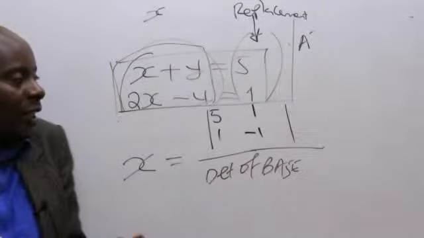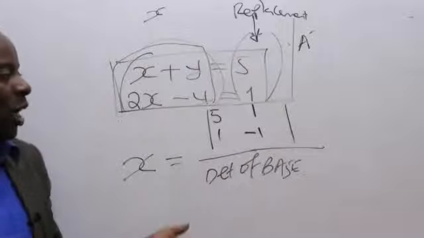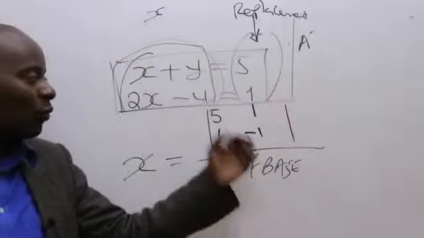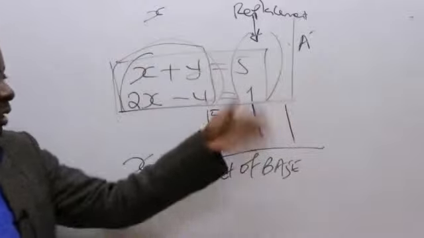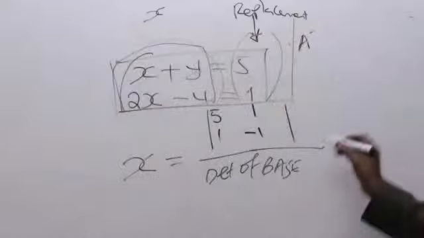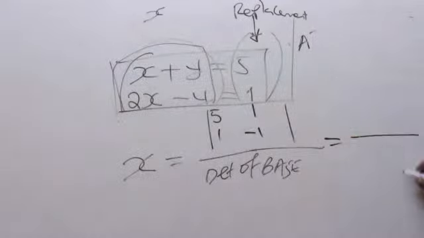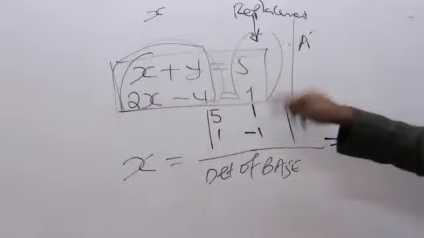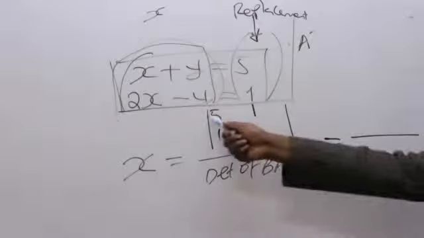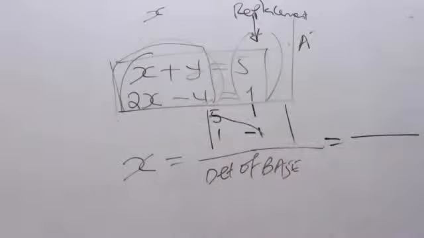Now the only thing that you need to do is to come and give us the determinant of this. The two strokes of my line here stand for determinant. So I would want to see whether there is any student who will be able to give me this determinant very fast. How will I get the determinant? I will come and talk over the primary diagonal multiple, 5 times minus 1, minus brackets for the secondary always, 1 times 1.